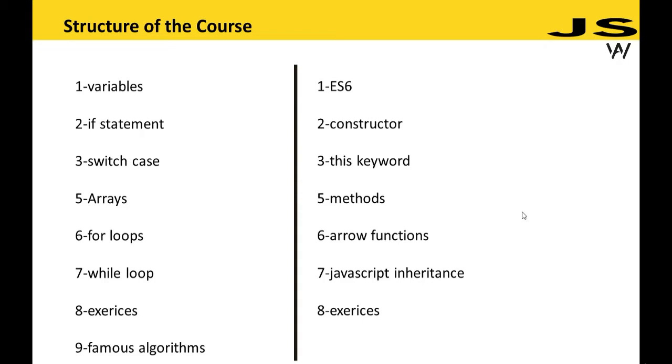And also we will go through famous algorithms in JavaScript that you can find in an interview if you want to pass an interview of a company in web development. After, on the right side, we will go through ES6, the ECMAScript, and we will go through classes, the basics of constructor, the this keyword, and the methods, properties, arrow functions, JavaScript inheritance, and also we will do many exercises. Okay, so this is a complete course for JavaScript.